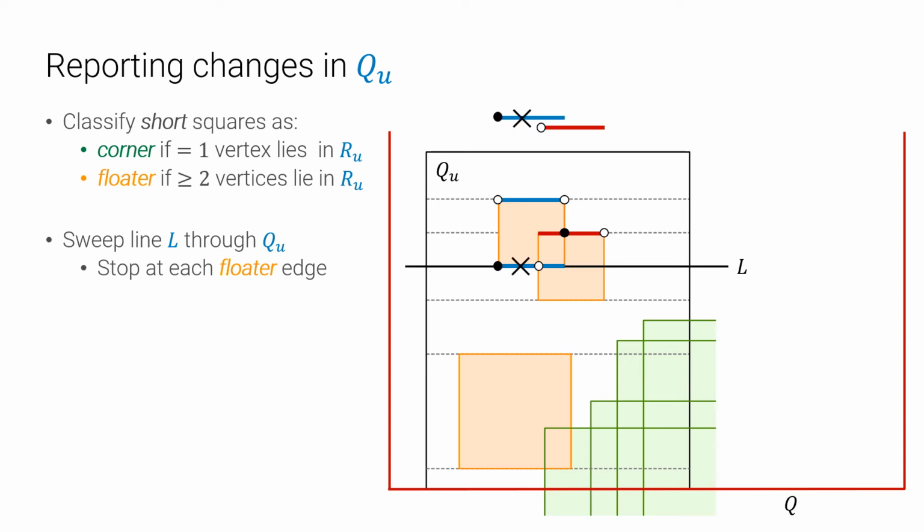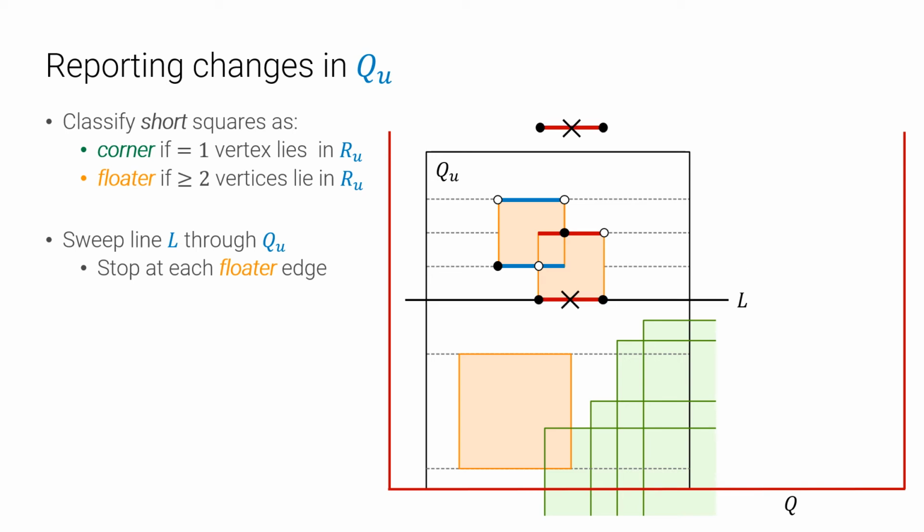Now moving the line to the bottom of the first floater, the line stops intersecting this floater, and hence we delete the blue interval from the 1D cross-section. Its left endpoint no longer remains a vertex of the cross-section, and the left endpoint of the red interval now becomes a vertex of this 1D cross-section.